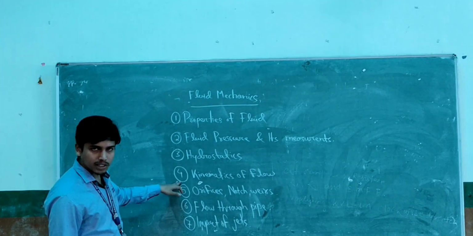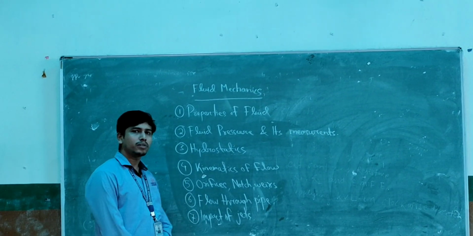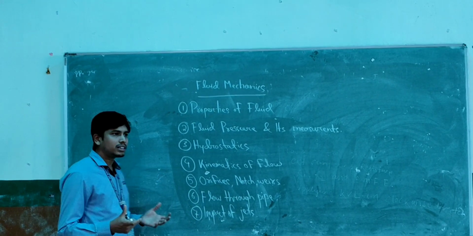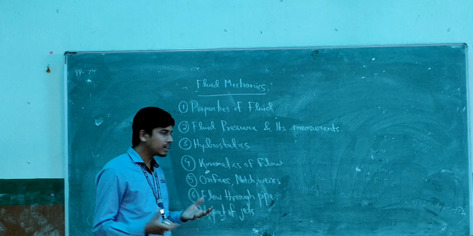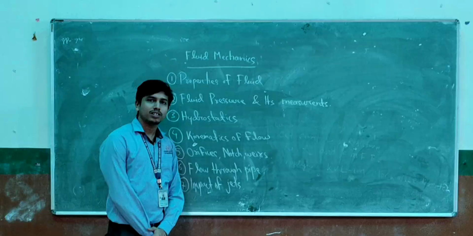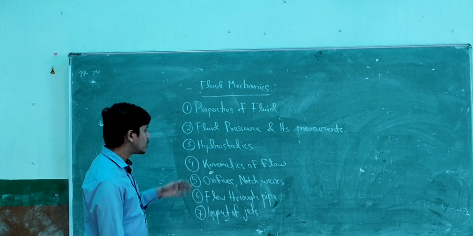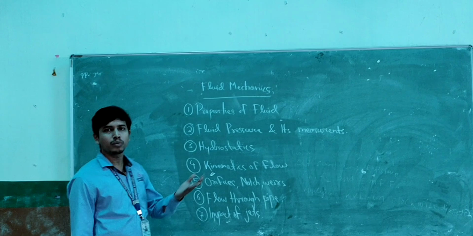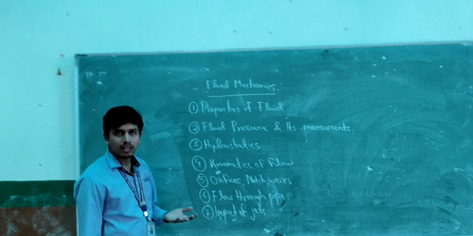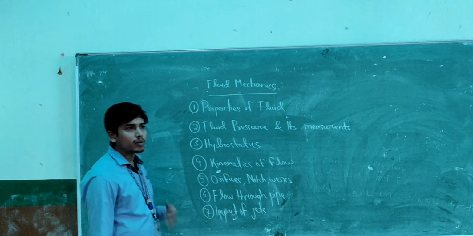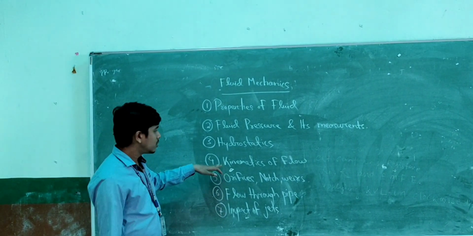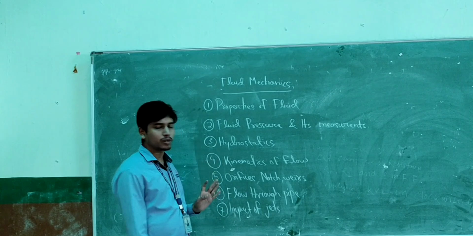Then the fourth chapter, kinematics of flow. In this chapter we will study a fluid which is already flowing, where there is definitely a quantity of flow. We will study the types of fluid flow: steady and unsteady, laminar and turbulent, compressible and incompressible, and one-dimensional, two-dimensional, and three-dimensional.